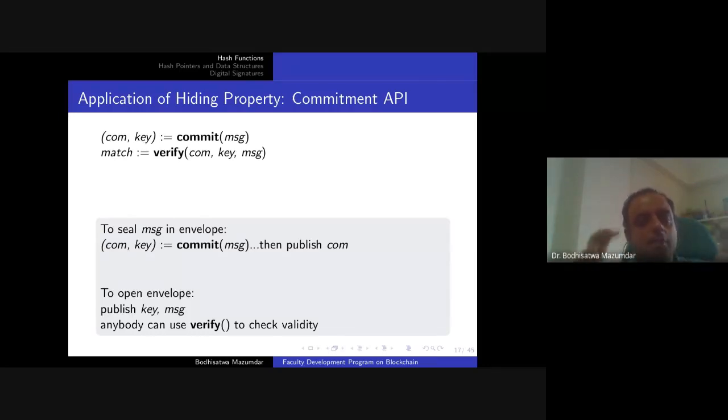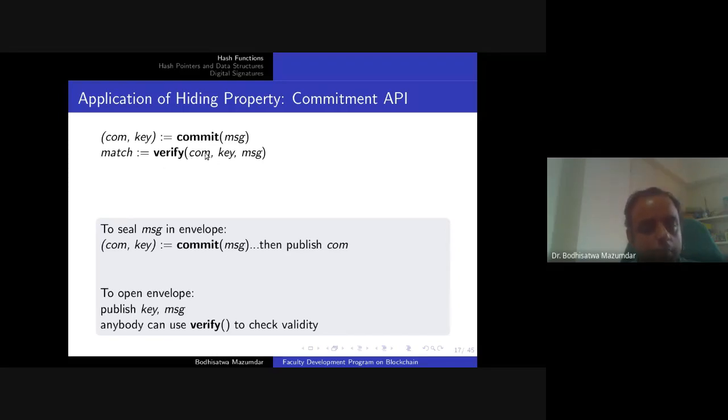That envelope is called the COM. Anybody, just by observing that envelope, doesn't know what is inside. What is inside the envelope is the message, and by applying a glue, that is the key, you have produced that envelope. So that envelope is basically this COM. Now at a later point of time, what do you do?